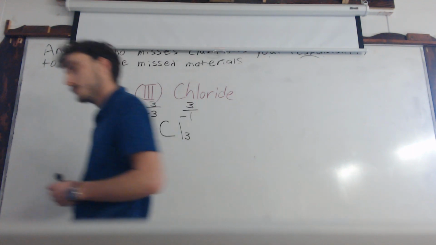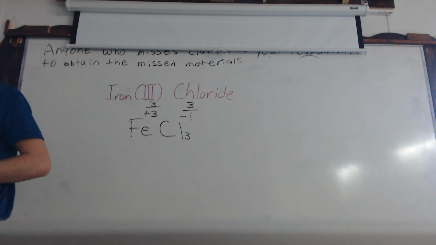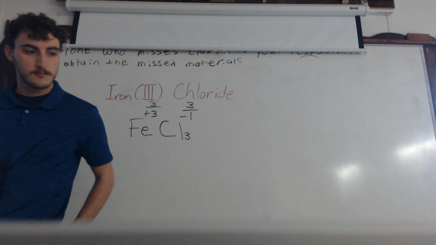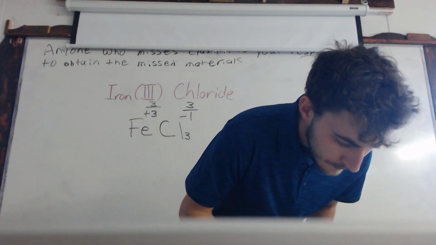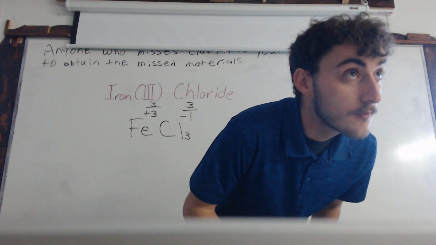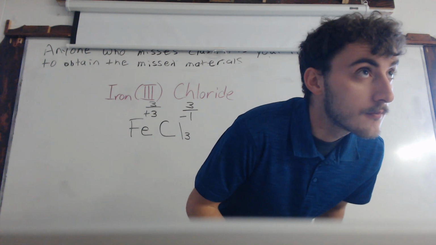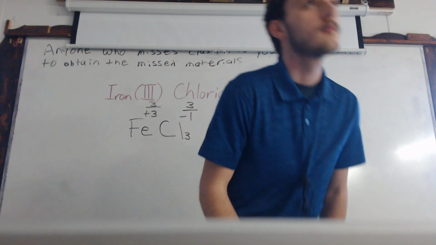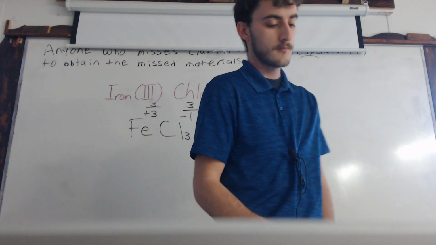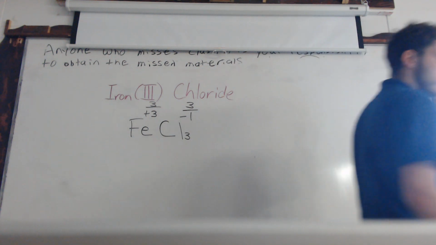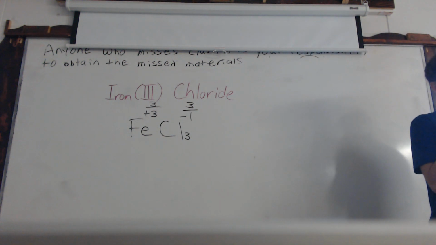Let me interrupt. Look inside of element number 30, because that's a D block element. That's zinc. How many different types of charges do they have? Is there only one type of charge or more than one? There's only one type, so you do not need to have a Roman numeral for zinc because it only has a +2.